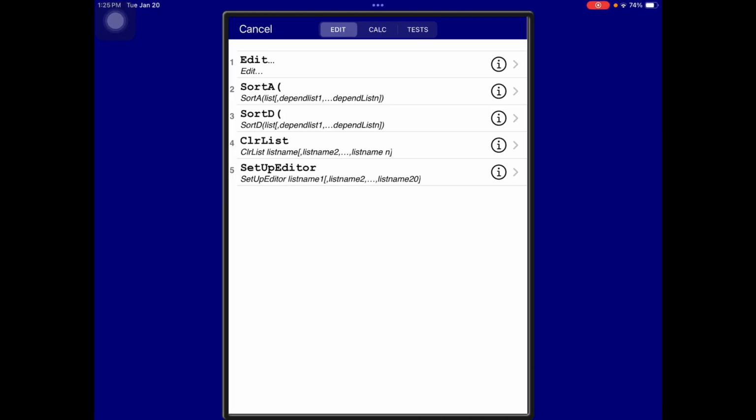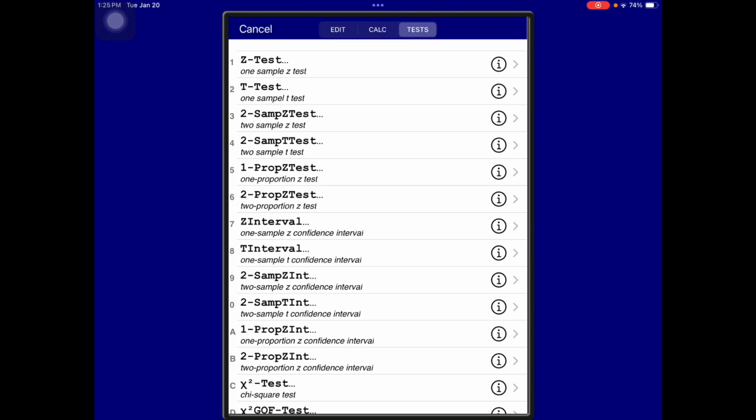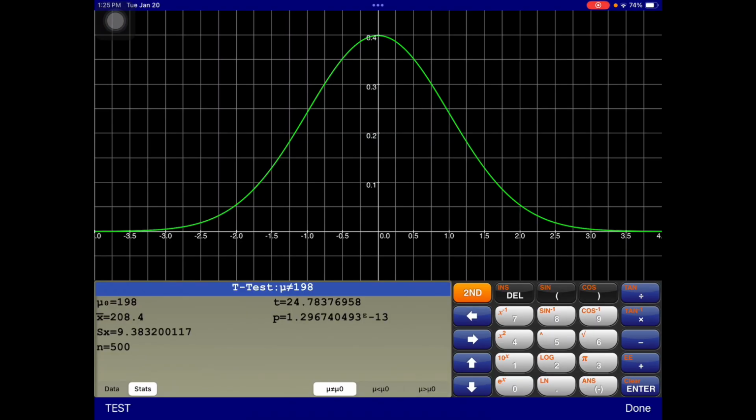On your graphing calculator, you're going to go to stat, test, and then we're going to go to t-test. For this, we are dealing with statistics that were given to us. So mu naught is going to be 1,000. Select enter. X bar is 1,002. Select enter. S of x is 14, that's your sample standard deviation, and our sample size was 100.